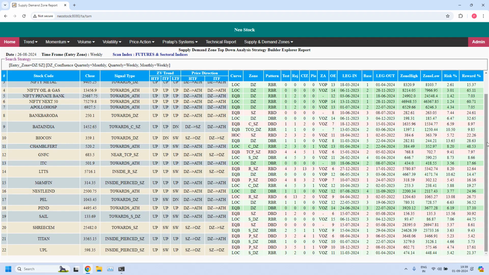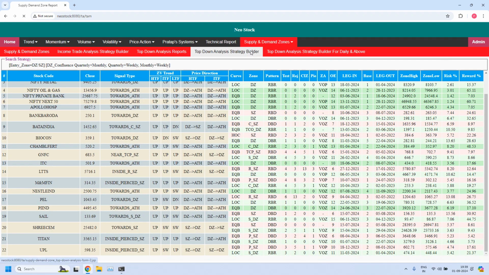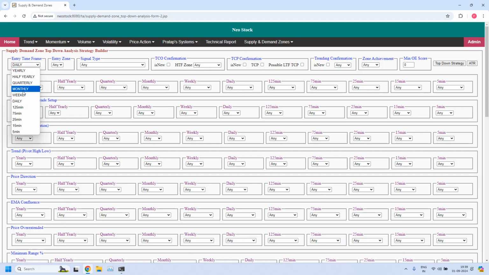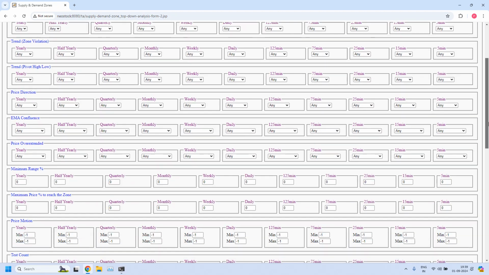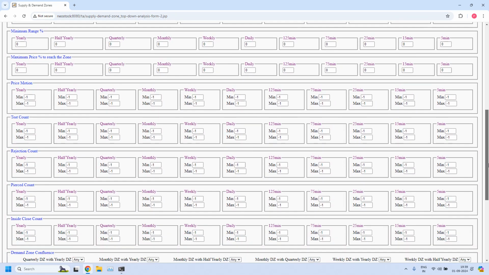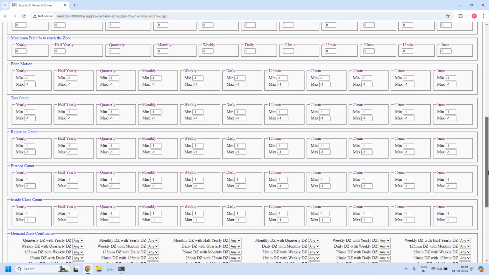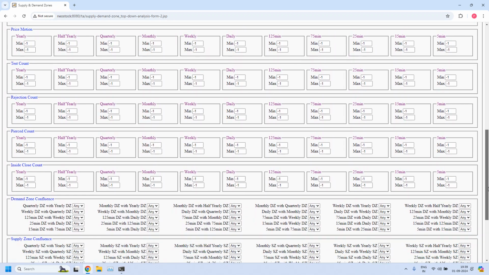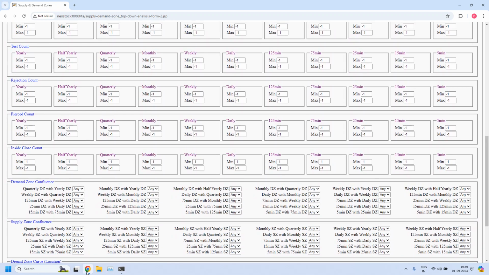Next report we will look into the supply zone confluence. So the entry time frame is weekly. That way we can assume, but it need not be. You can use weekly zones as LTF, as HTF or ITF. In the supply zone, weekly supply zone with monthly supply zone confluence. That is LTF and ITF confluence.